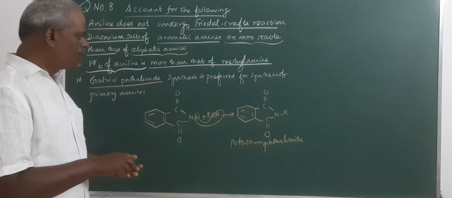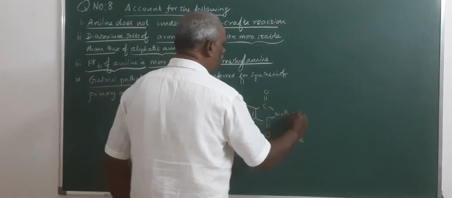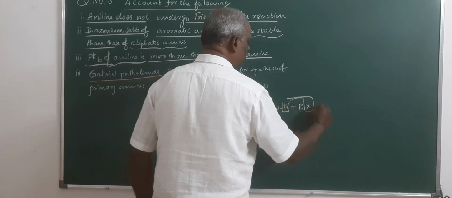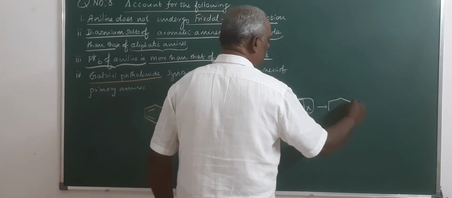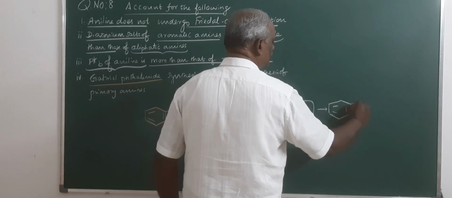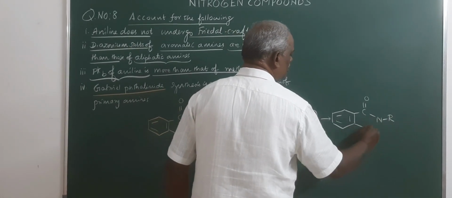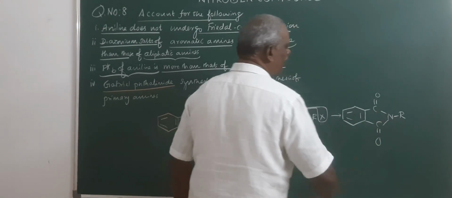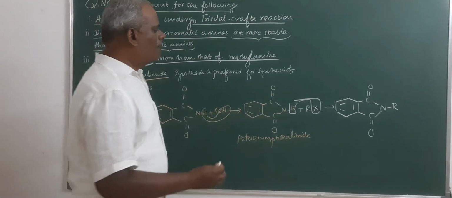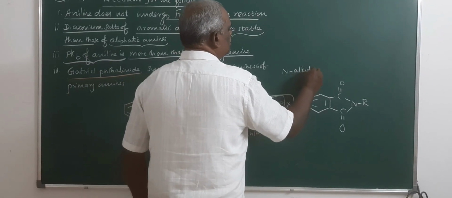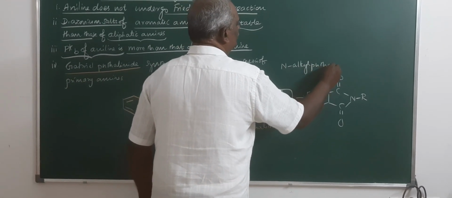Further, this is to be treated with the alkyl halide RX, where K combines with the halogen atom, so that we will be getting this product C double bond O N R, C double bond O N R. This compound is called as N-alkyl phthalimide.